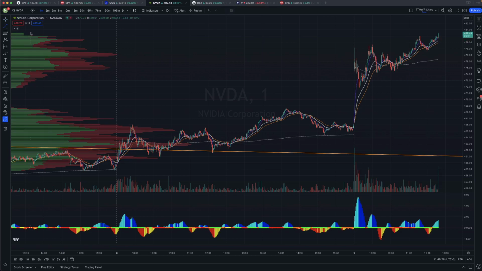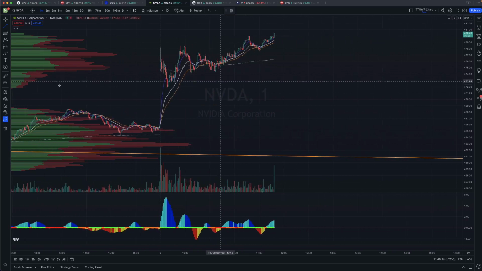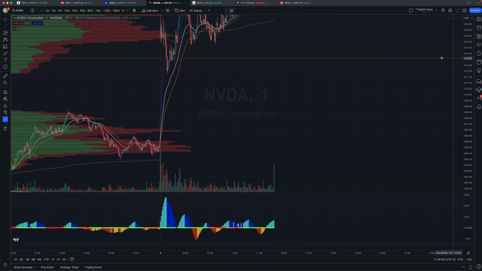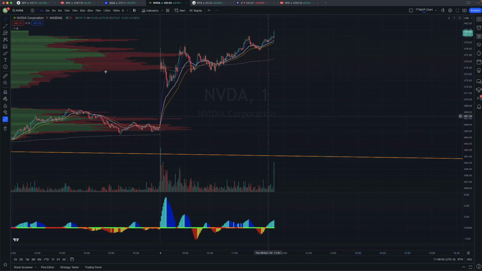In this case, we're going to find our value area low, and you can see there's some volume down here, but if we're trading NVIDIA today, and we want to know our areas, NVIDIA's breaking out conveniently, right? I would measure my value area right at that line right there.